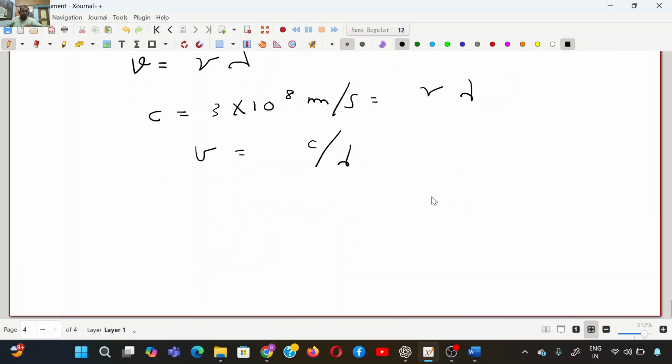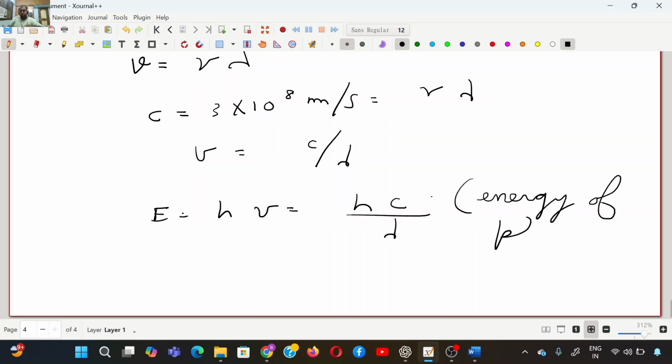You substitute that in this equation: E is equal to h into nu, or h into c by lambda. So this is the energy of the photon. We are combining the wave-like and particle-like nature of light here. This equation you may get to solve some problem.